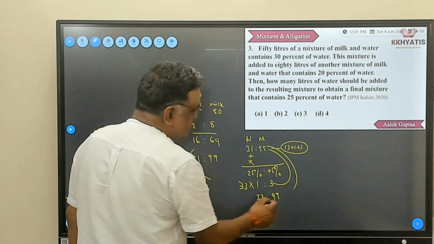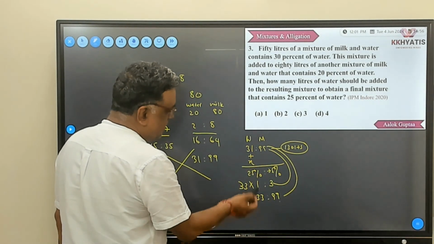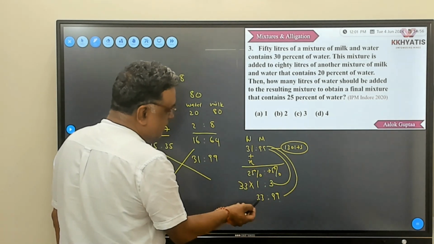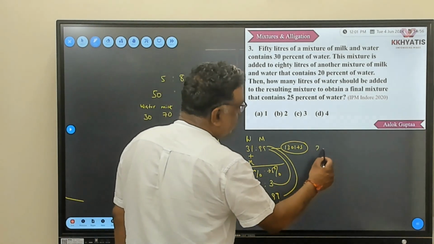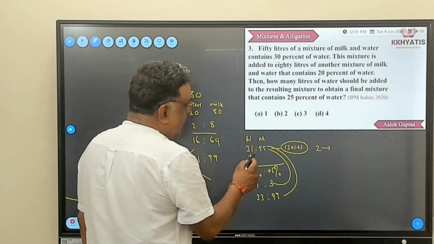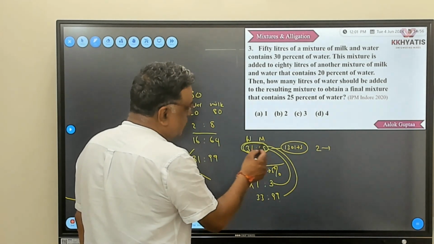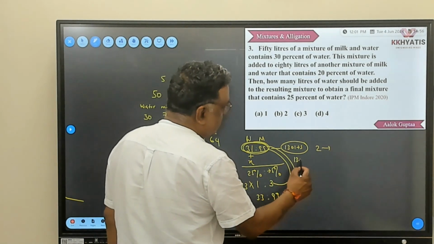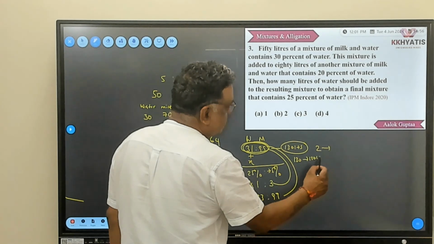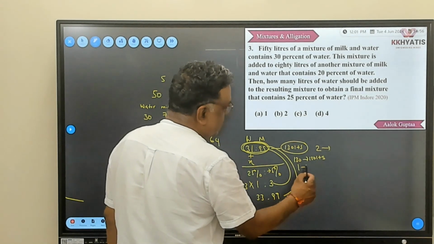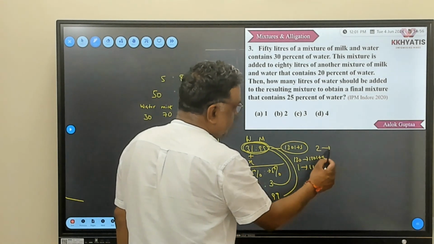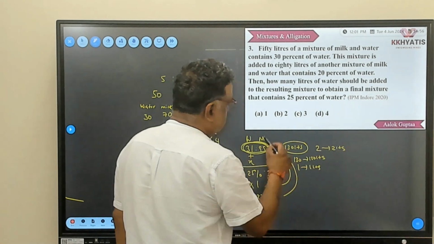Now milk became the same. Now how much in terms of ratio is added? 31 became 33. So 2 in terms of ratio of water is added. Now in terms of ratio, what is the total? 130 corresponds to 130 liters, which means 1 ratio will correspond to 1 liter. So 2 ratio will correspond to 2 liters. So 2 liters of water must have been added.